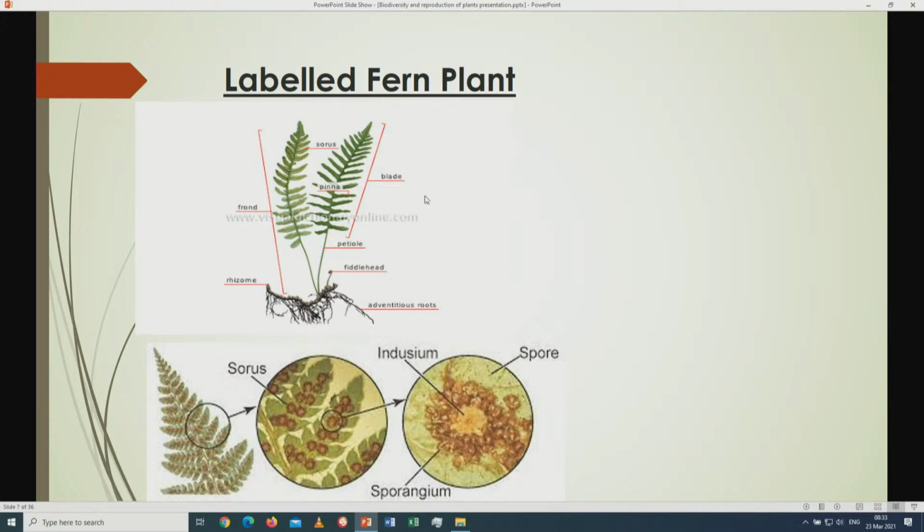Coming to the structure of a fern, it has the type of roots called adventitious roots, an underground stem which is called a rhizome, and a leaf blade which is divided into leaflets, which is called the frond. On the underside of the leaves, we get the spores for sexual reproduction.